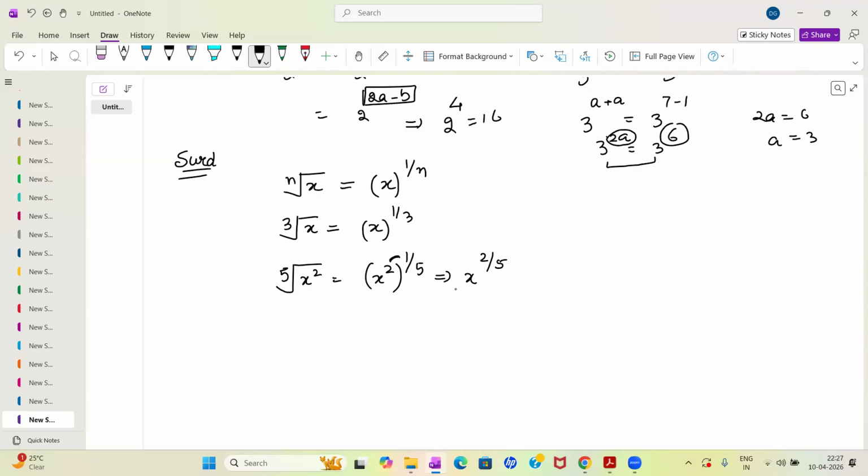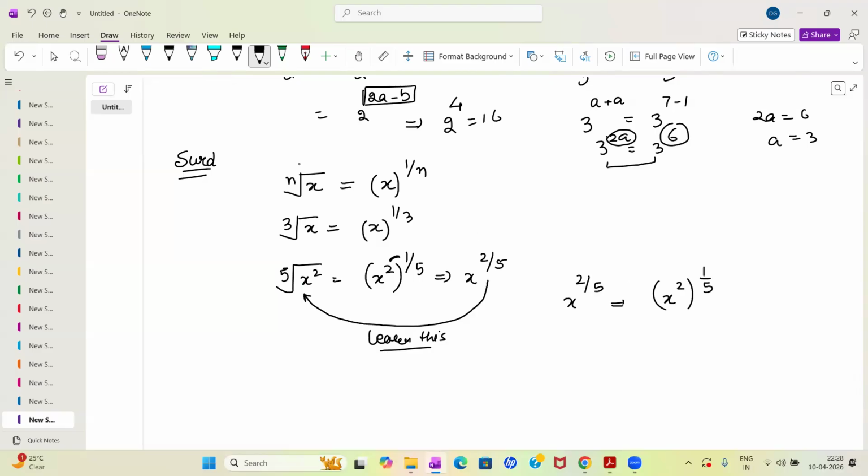And now we'll understand the reverse property also. We can write x to the power 2 over 5 like this also. So learn this also. How to solve this? X to the power 2 upon 5. Now we can write it as x to the power 2 to the whole power 1 by 5.